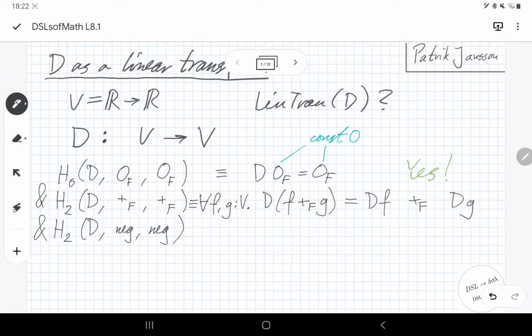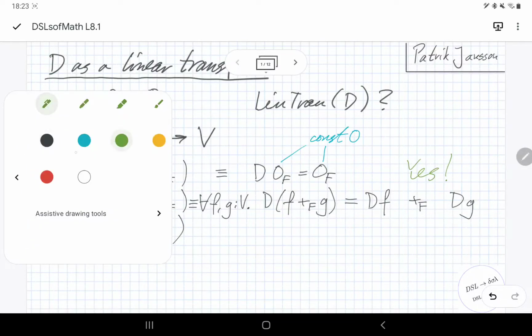And then we have to remind ourselves, what does it mean to add functions? Well, it just means pointwise addition. So the function f plus g is the function which at each point x returns f of x plus g of x. And we know that derivative is linear. We've proven it when we talked about the definition of derivative in terms of the limits. So derivative of f plus derivative of g as functions is actually proven to be equal to this one earlier. So the same yes holds here as well.